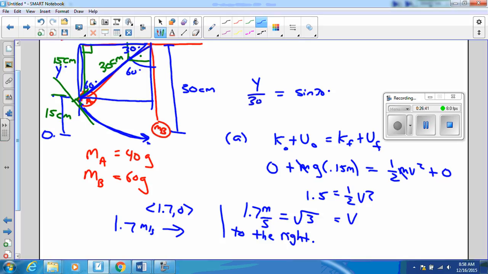Radical. Did you use 1.5 meters for the height? No, I didn't. I'll figure it out. Okay, you'll figure it out.